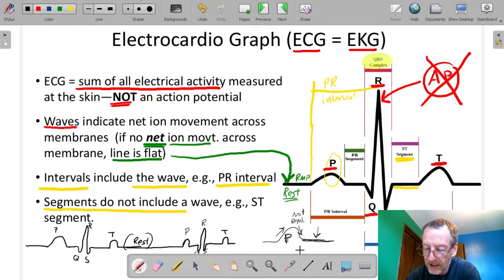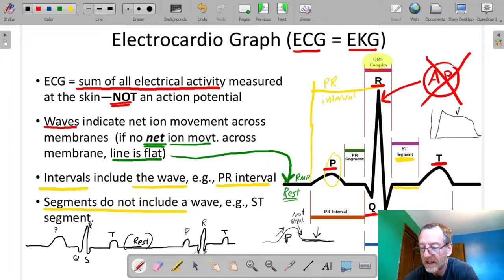The same thing you could appreciate perhaps if we look at the plateau phase of a cardiac muscle cell, a contractile myocardial cell. There's a steep depolarization, and then we had this plateau phase, and then a repolarization.